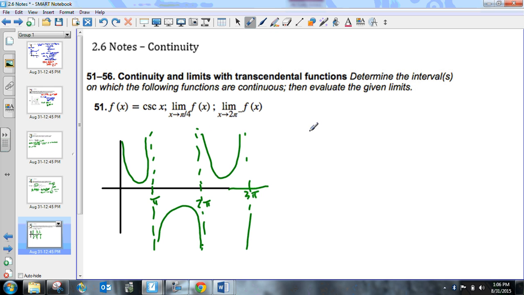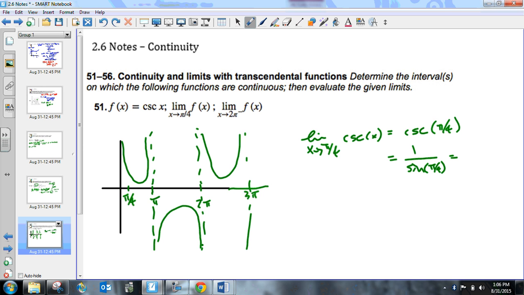Let's evaluate these limits. We want the limit as x approaches pi over 4 of cosecant of x. Let's see if these limits exist. Well, pi over 4 is right here. If I plug that in, I get cosecant of pi over 4, which is 1 over sine of pi over 4.